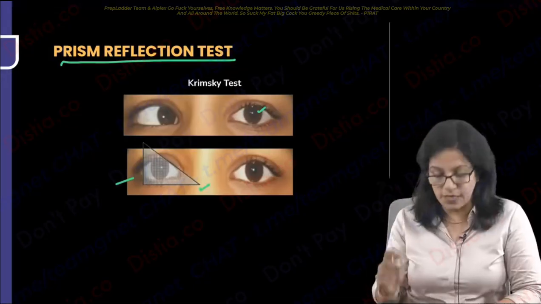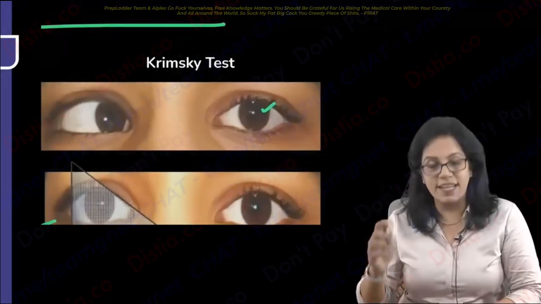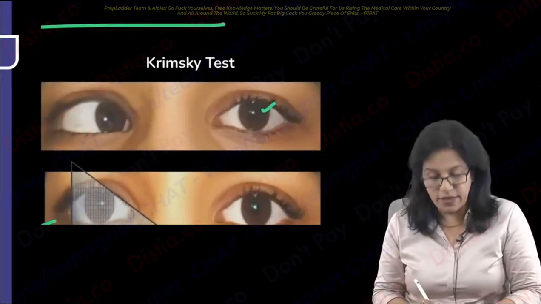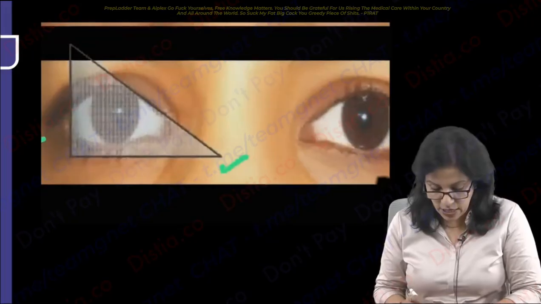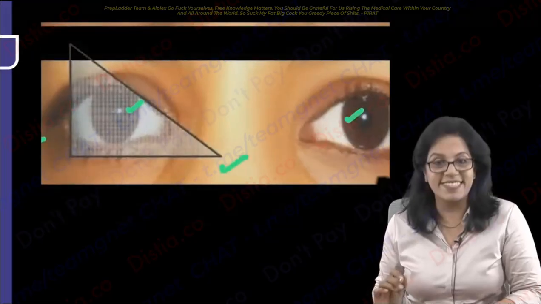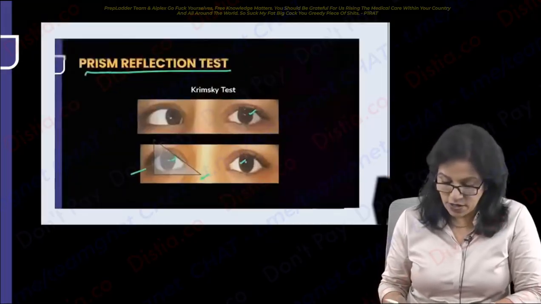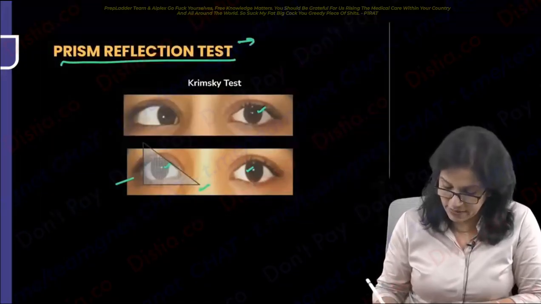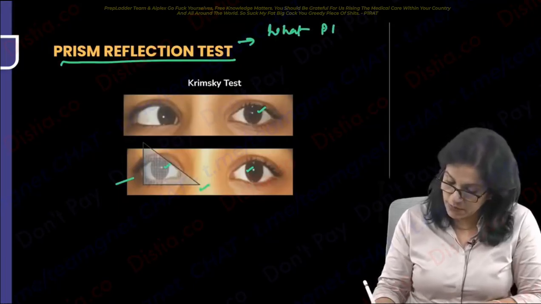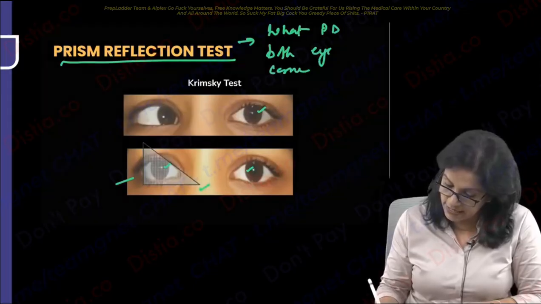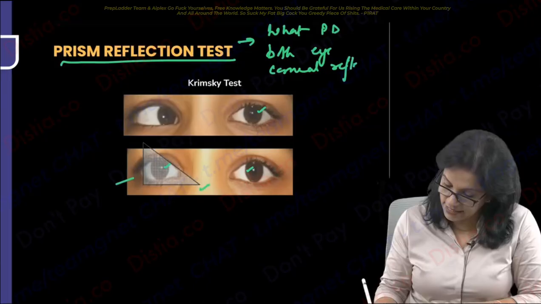Based on the Hirschberg test, in the first slide, what are you seeing? The left eye is center, the right eye is deviated. Now you have placed that prism strength so that both reflexes are coming in the center. So write down, this is called prism reflection test. Note down all of you, that at what prism strength, what prism diopter, both eyes' corneal reflex is at the center.